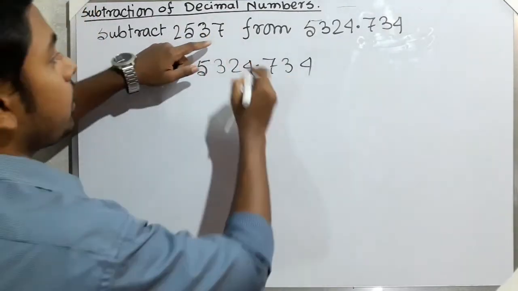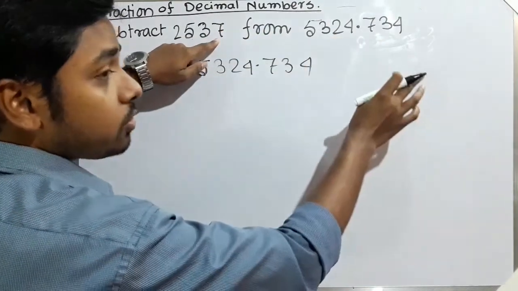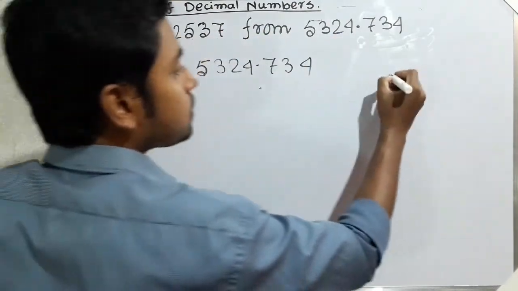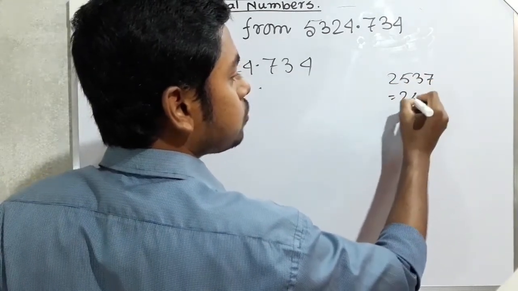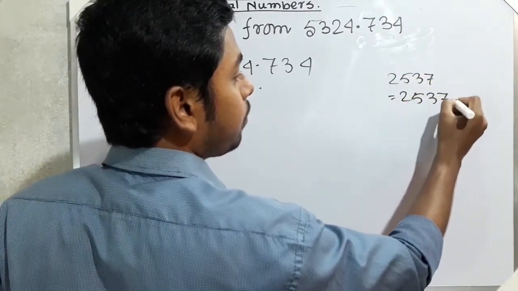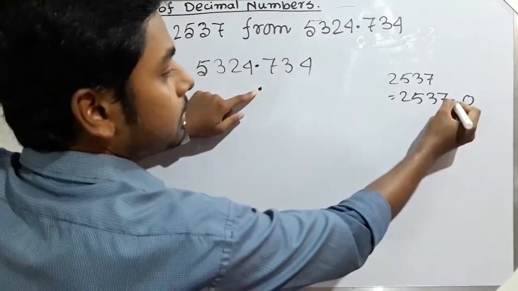So here 2537 you can write as 2537.0. First of all, below this point you will write this point.